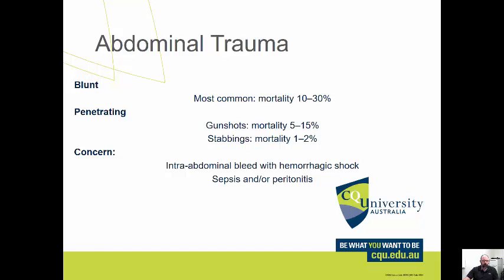A lot of gunshot wounds cause quite a lot of damage, and I'm sure you will discuss that when you talk about ballistics. And then stabbings, mortality is 1 to 2%. So that's a pretty small mortality rating for stabbings. But please take note that that's only for the abdominal region. We're not talking about thoracic stab wounds, which have a much higher rate of mortality. So intra-abdominal bleed with hemorrhagic shock and sepsis or peritonitis are going to be our major concerns with blunt and penetrating trauma in the abdomen.